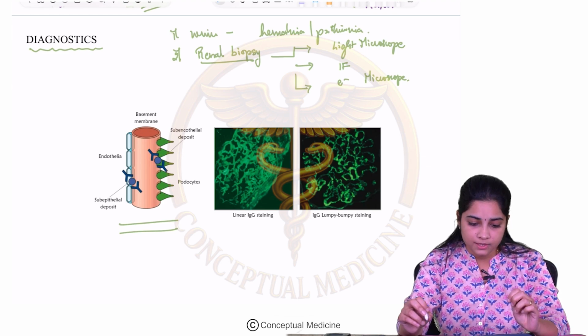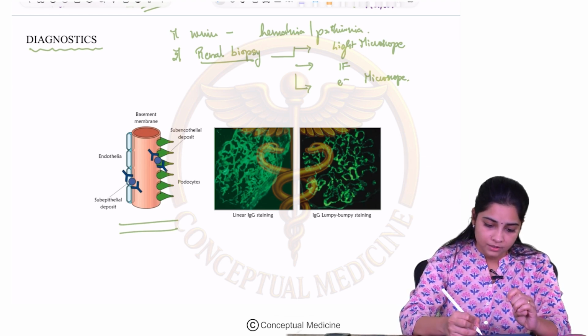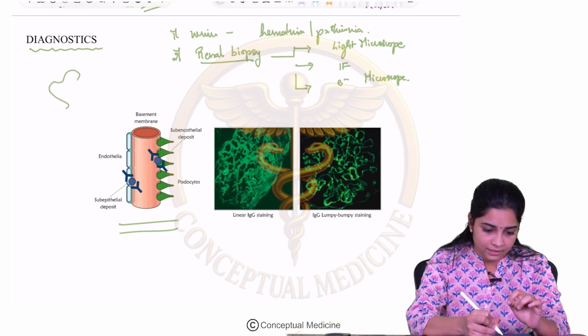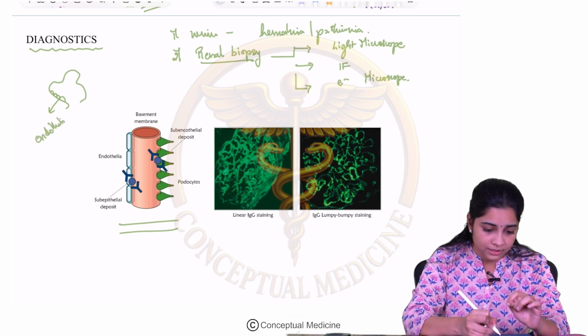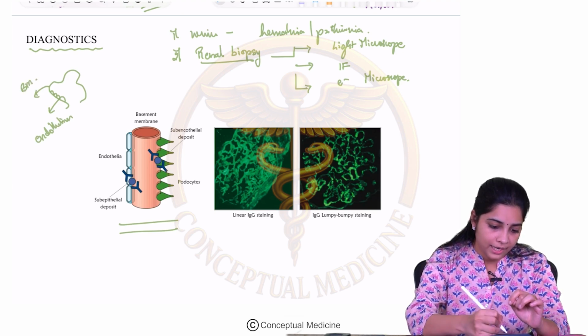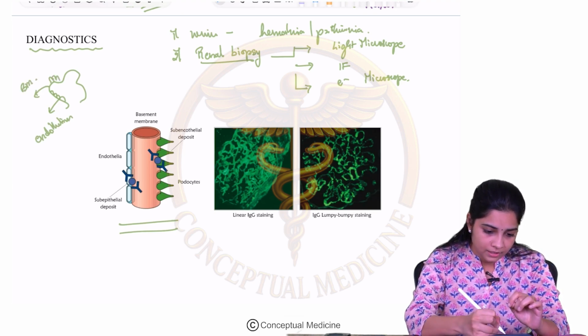These deposits can be in different places. Look at this structure, this is nothing but your glomerulus. Like we had discussed, a glomerulus is a tuft of capillaries. So this is your endothelium. The endothelial cells lie on what? This is your basement membrane and they are surrounded by certain epithelial cells.